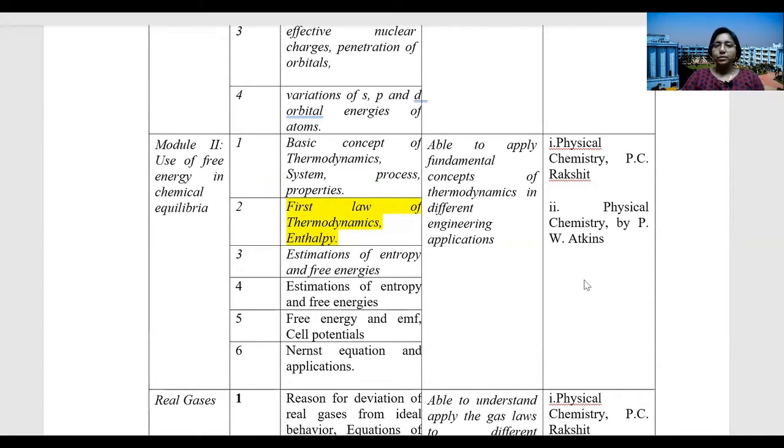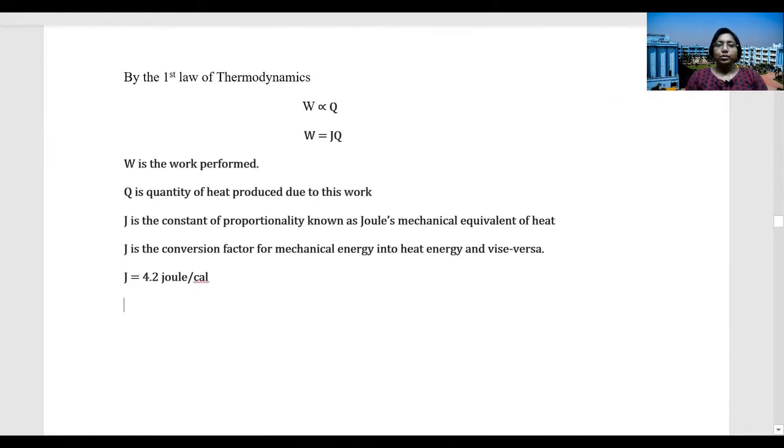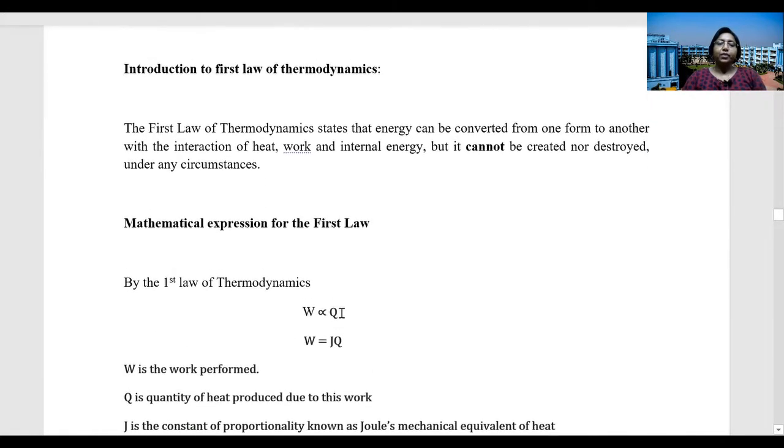You know that if any work is done or any heat energy is transferred, then in our universe, from the law of conservation, no heat energy or work can be created or destroyed. From this concept comes the first law of thermodynamics.